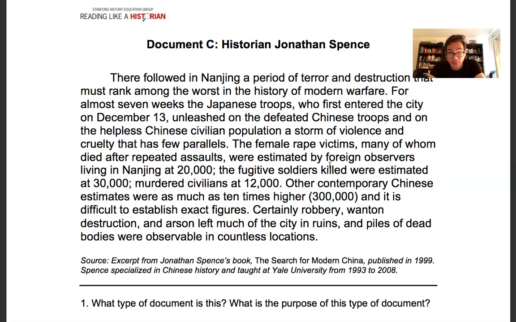The fugitive soldiers killed were estimated at 30,000, murdered civilians at 12,000. Other contemporary Chinese estimates were as much as 10 times higher, 300,000, and it is difficult to establish exact figures. Certainly, robbery, wanton destruction, and arson left much of the city in ruins, and piles of dead bodies were observable in countless locations.